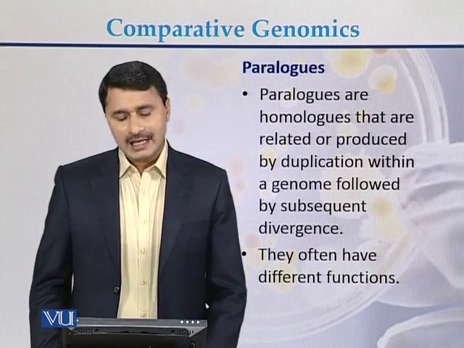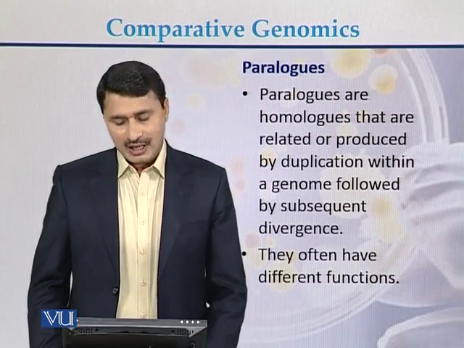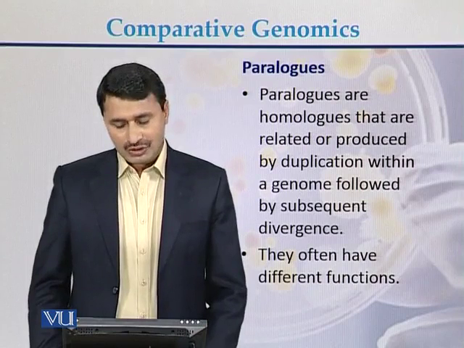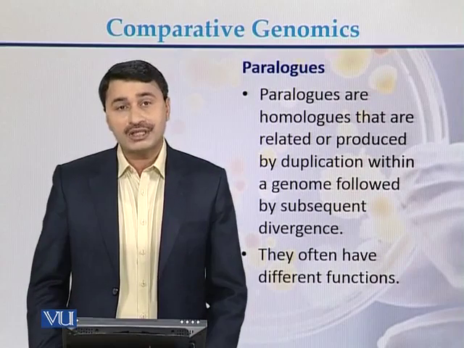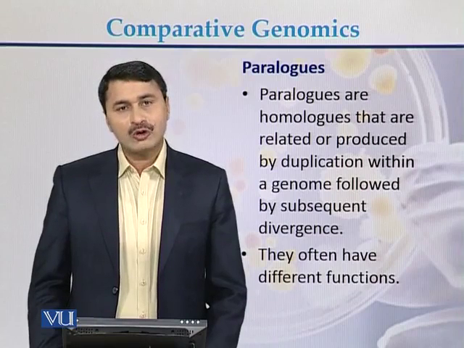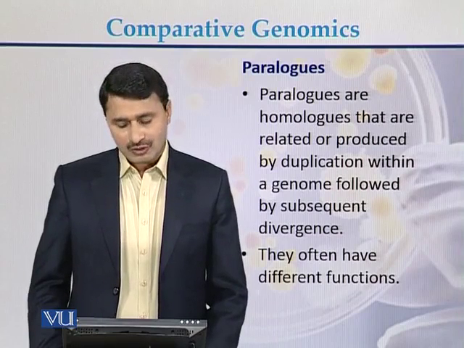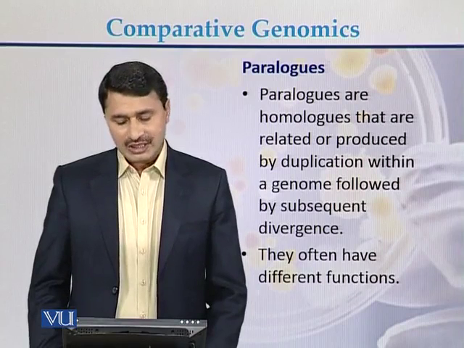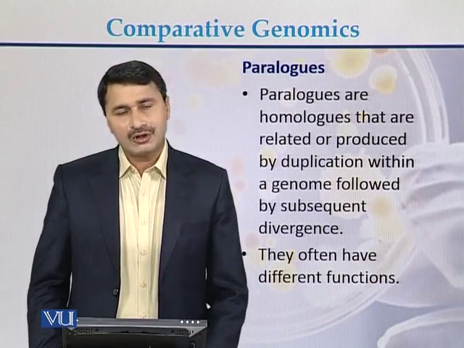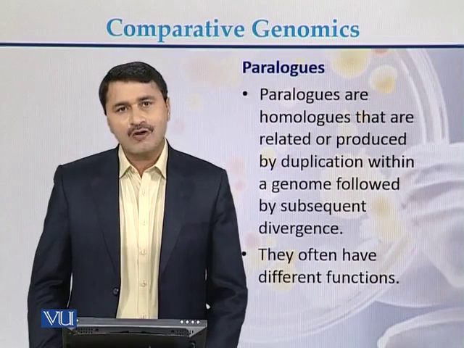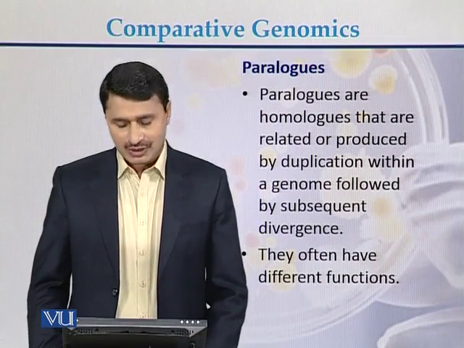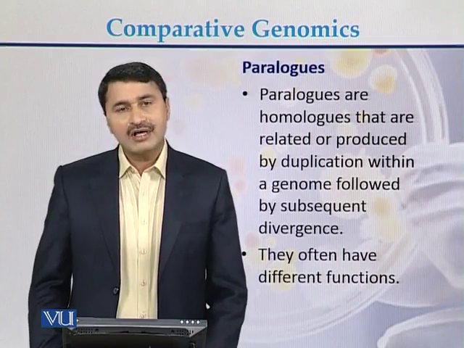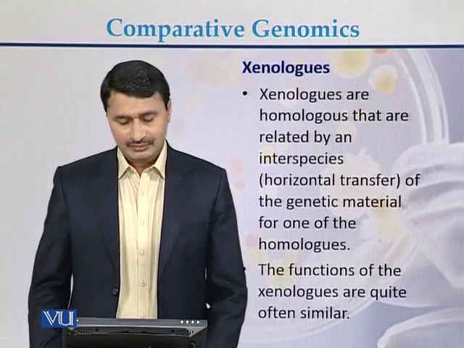On the other hand, paralogues are homologues produced by duplication within a genome followed by subsequent divergence. If homologues are produced as a result of duplication, they are called paralogues. They often have different functions.